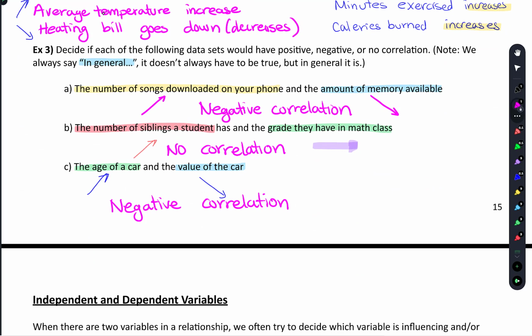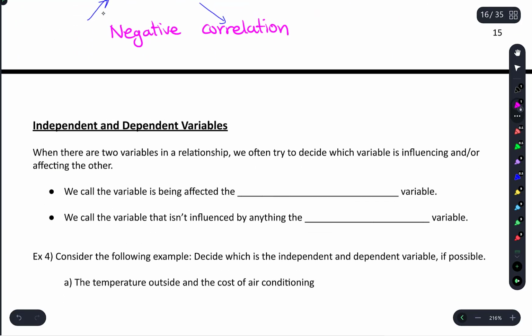Okay, so one last thing we want to do in this lesson is talk about these independent and dependent variables. Now, independent means that it doesn't depend on anything. I can change it and do whatever I want. Now, dependent, this is tough here. Dependent means that it's forced to change. It depends on something.